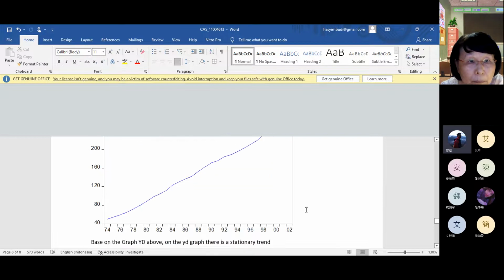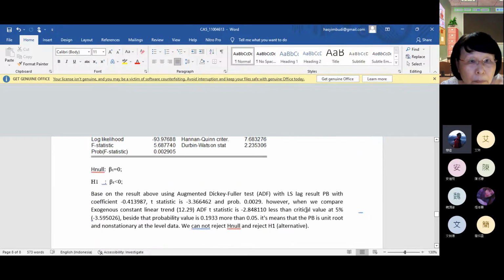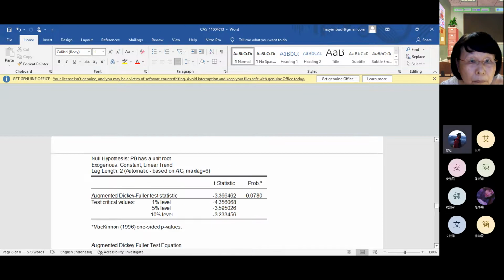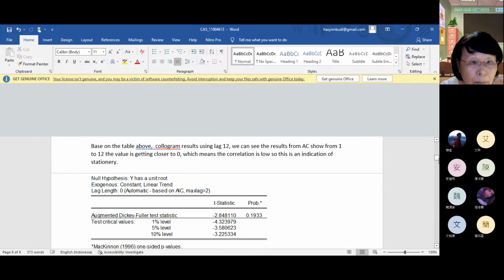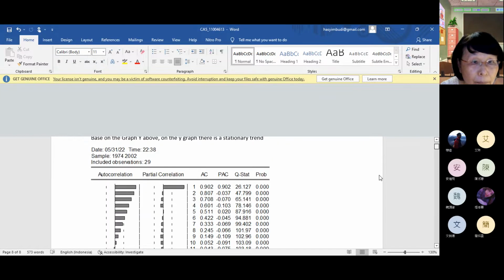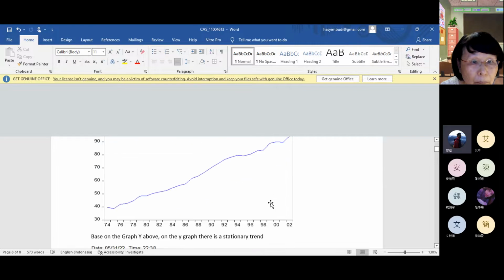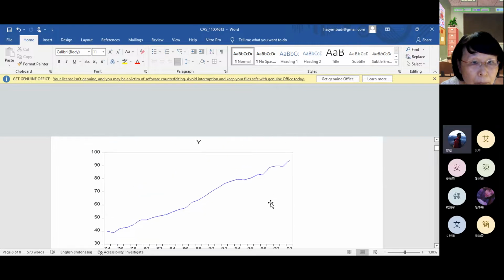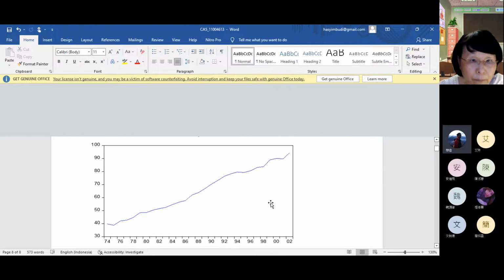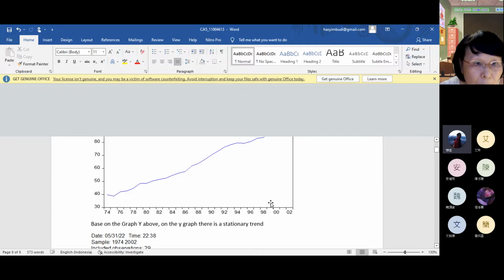Thank you, Prof. This is my homework. I try to use a graph with Y. On the graph, Y above shows a stationary trend.